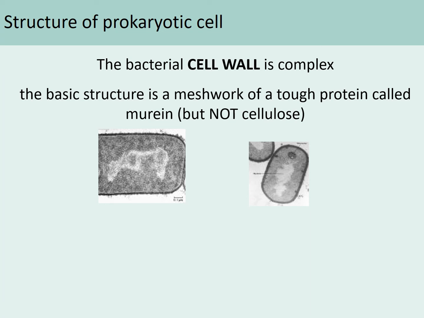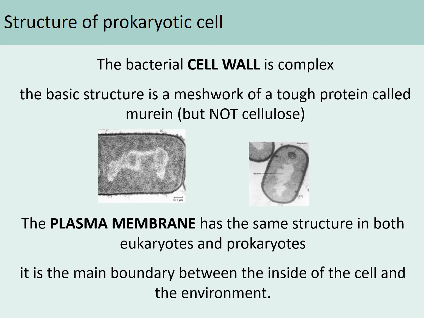In bacterial cells, they do have a cell wall, but it's made of murein as opposed to cellulose. Okay, so if you wanted to add that label to your diagram of a prokaryotic cell next to where you've written cell wall, it does not contain cellulose like a plant cell, it's murein.